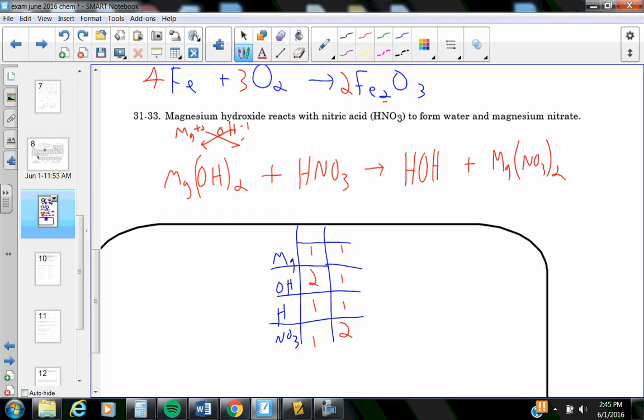First thing glaring that I see, I'm going to save my H's and OH's till the end. So first, fix the nitrates. How do you fix that? Well, we need a coefficient where the nitrates are. We're going to need 2 of those. That changes this to 2, but it also changed this to 2. That's kind of good because now these are the only things that don't match. We need twice as many of these to make 2 and 2.